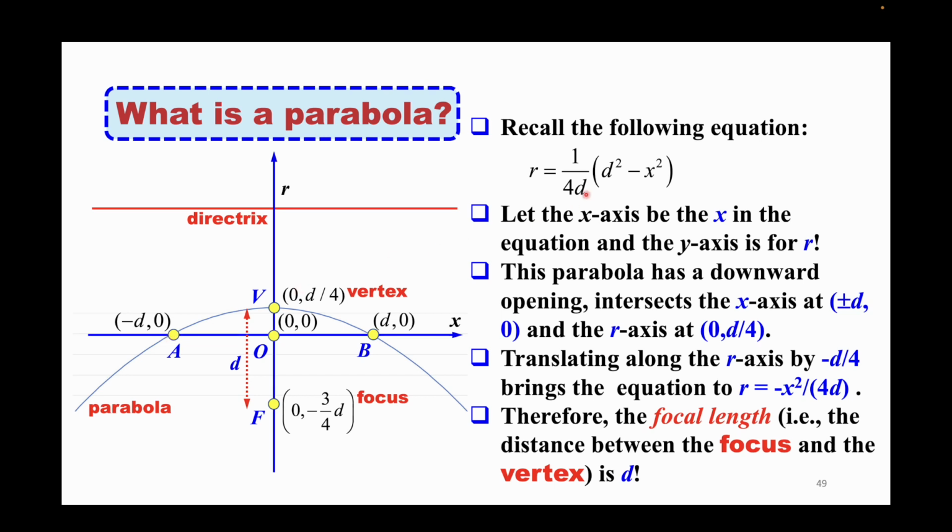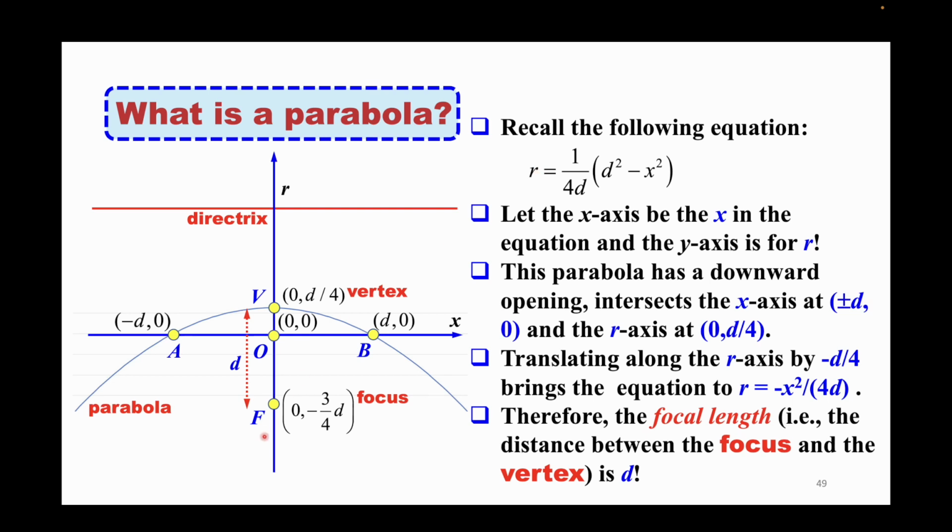And because it's negative, the opening of this parabola is downward. This parabola also intersects the r-axis at (0, d/4), which is simple to know. Set x to 0, you get r.